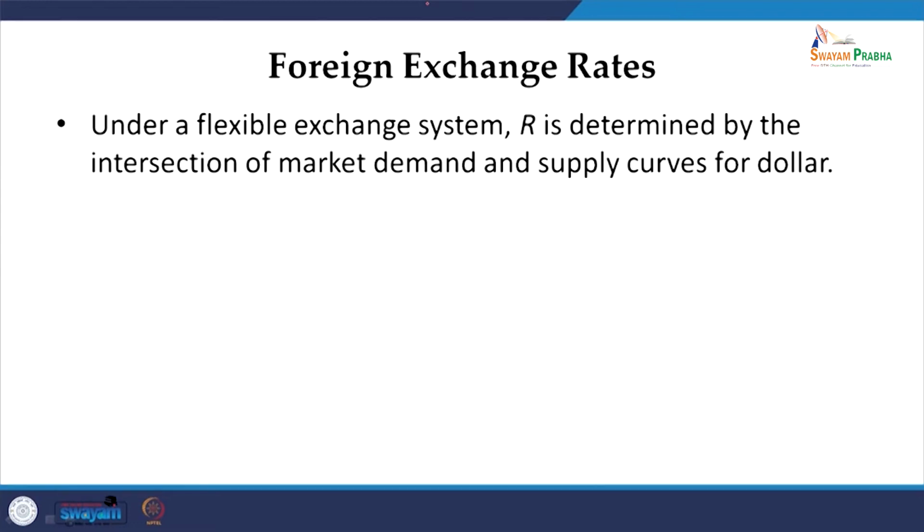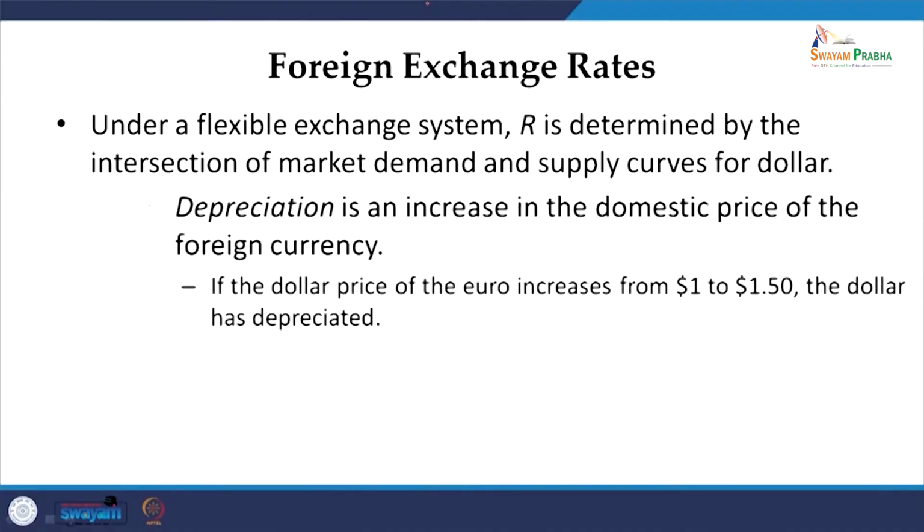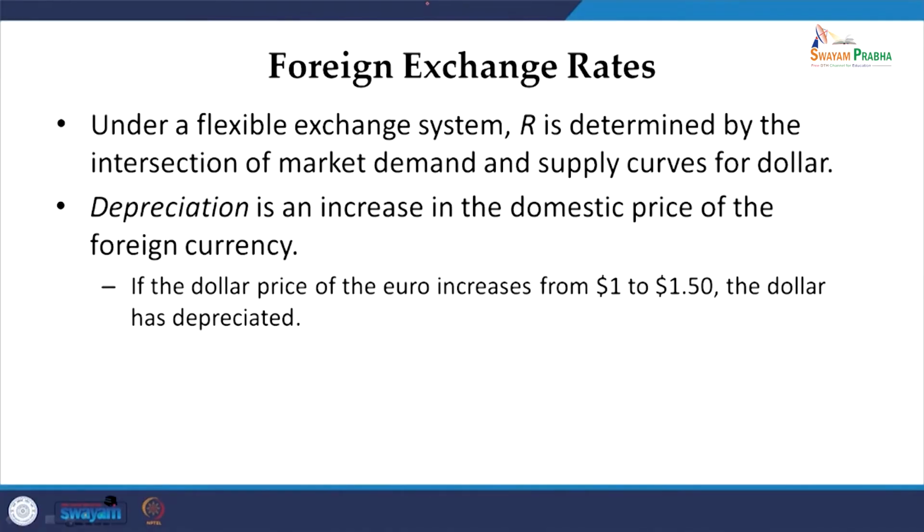If you are taking the demand and supply of rupees, then that will be the exchange rate related to rupees. If you are sticking to the dollar, then accordingly the demand and supply of dollars is to be defined. When we speak of undervaluation of a currency, there are broadly two types: one is called depreciation and the other is called devaluation.